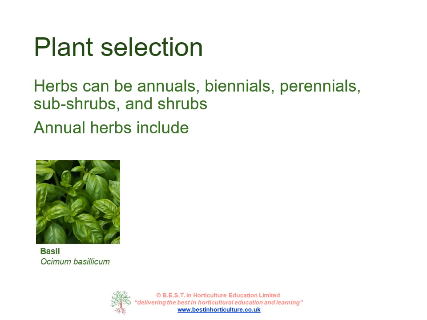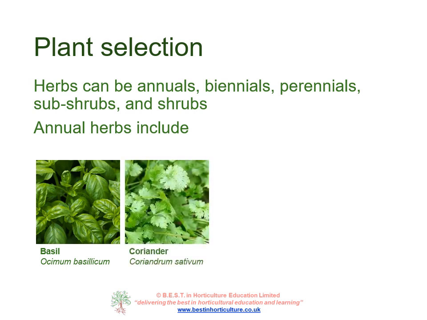This comes in quite a wide range of varieties, from the European basil to Thai basil and other flavours. Coriander, Coriandrum sativum, grown for its foliage, but also for its seeds, which are ground to form a spice.